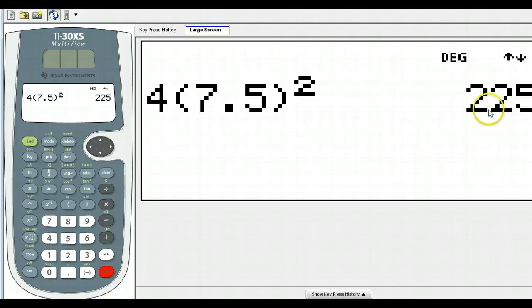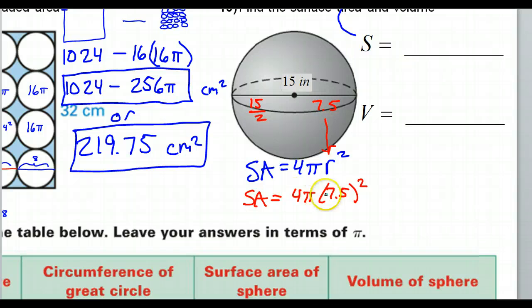Okay, that's a nice round number. That's 225. Now I'm going to put the pi back in. So 4 times this was 225. So that's 225 pi. That is the surface area.